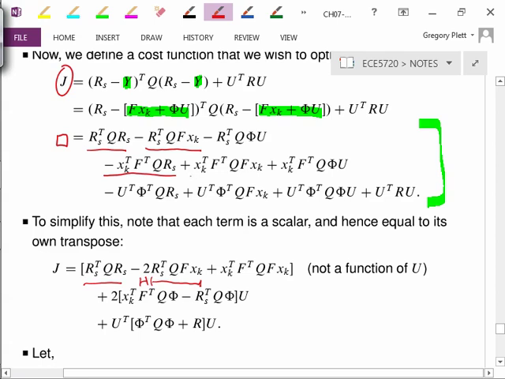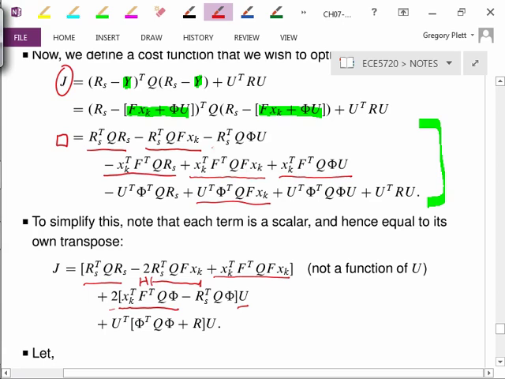And then I've got an x F Q F x. That is there. And I've got an x F Q phi u. There's an x F Q phi u there, that's one of them. And here is the other one transposed, so that's the 2.